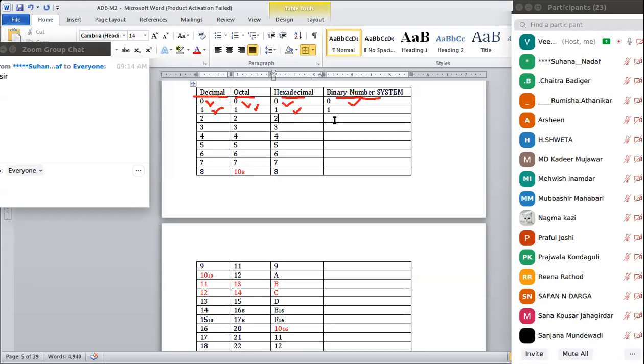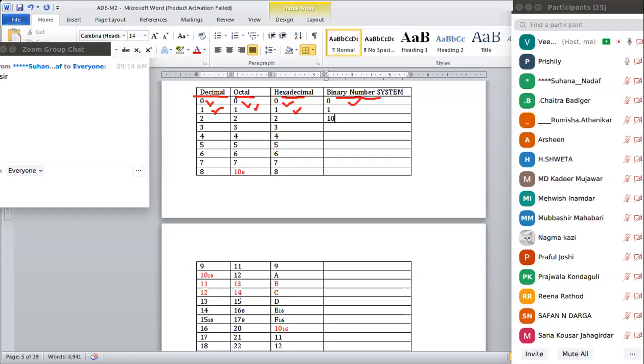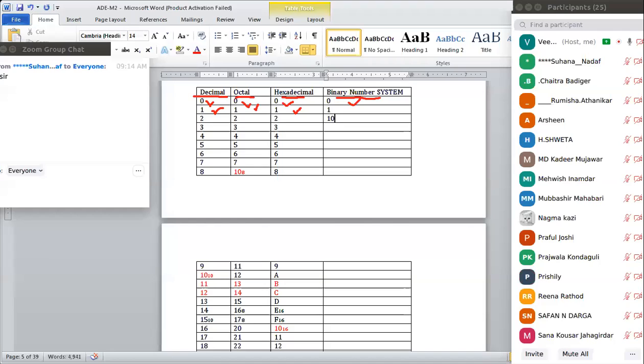But when I go for the binary number system, I don't have 2. Then I will combine two digits as 1 0. If I write 0 1, it is considered as 1 only. So now I'll go for 1 0, so I'm joining two bits.